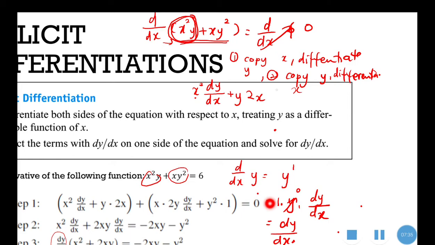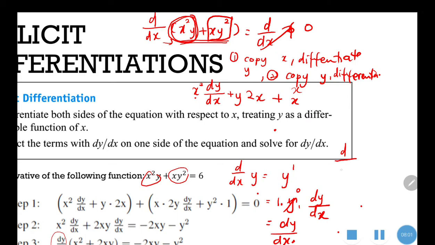And then moving on to this term, x y squared. Now copy x, and then differentiate y squared here. How? I hope you can understand it.